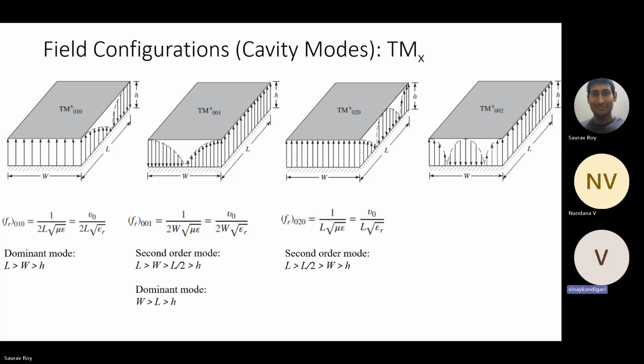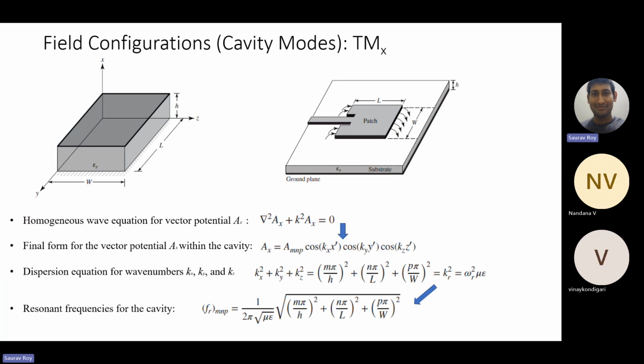So tell me, what is the dominant mode? How do you define a mode? The mode which has the lowest cutoff frequency, lowest frequency, right? Now what you see in the last slide, what was the definition of the frequency? It was in terms of m, n and p, right?